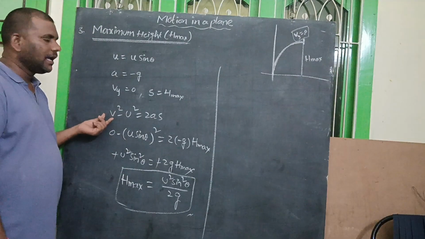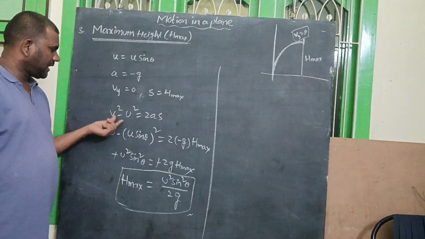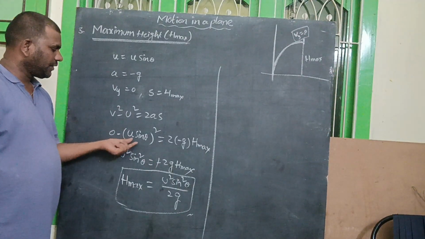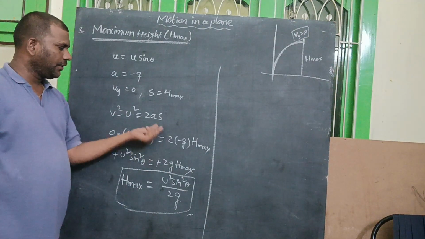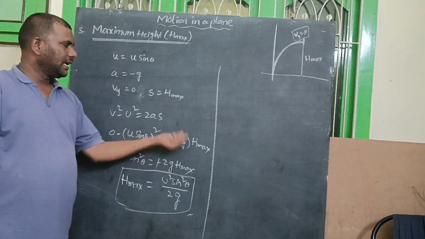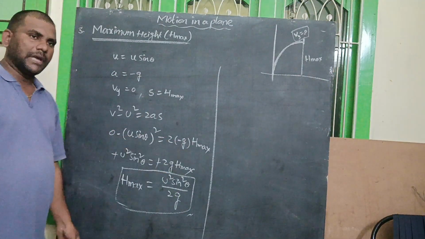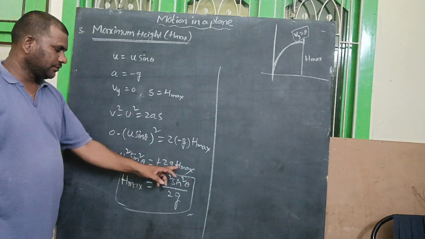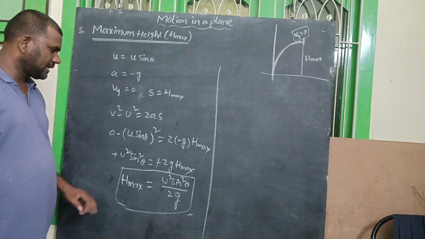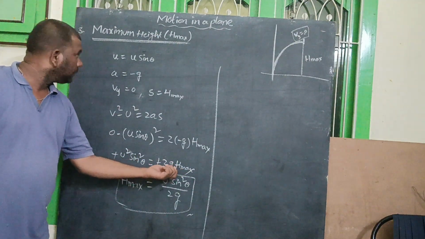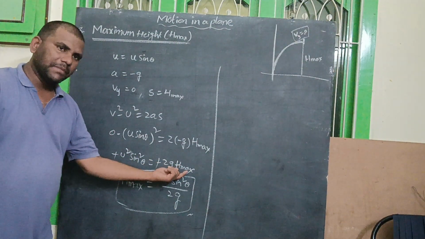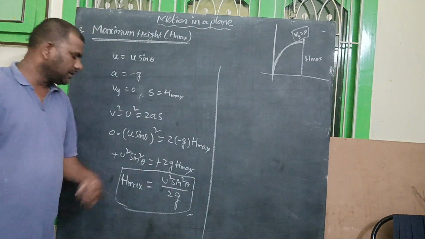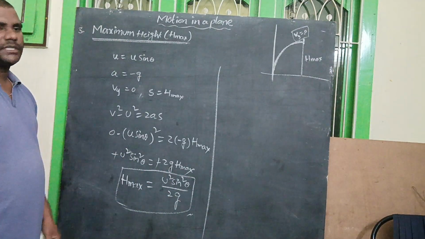Therefore we take the kinematic equation v square minus u square is equal to 2as. 0 minus u sin theta whole square is equal to 2 into minus g into H maximum, so u square sin square theta is equal to 2g H maximum. So H maximum is equal to u square sin square theta by 2g. This is the maximum height.